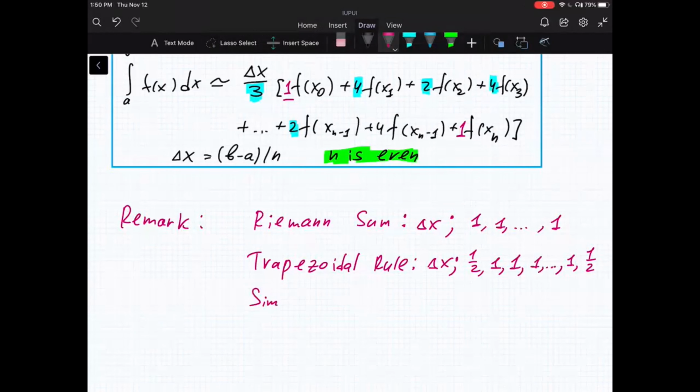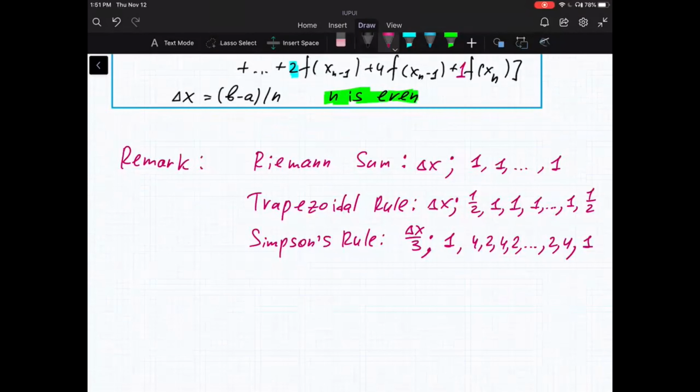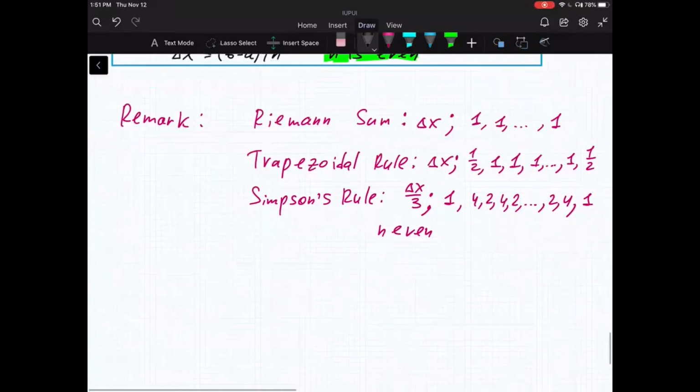And for Simpson's rule, you have delta x over 3, and the coefficients are 1, and then they alternate 4, 2, 4, 2, and so on. Then you have 2, 4, and the last one will be 1 again. So that's the sequence of the coefficients. And also, for Simpson's rule, n should be even. For the first two, n can be even or odd, while for Simpson's rule, it has to be even.